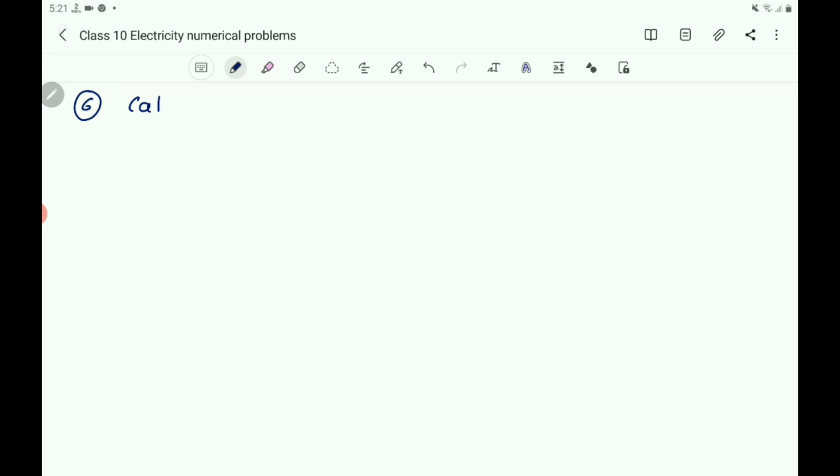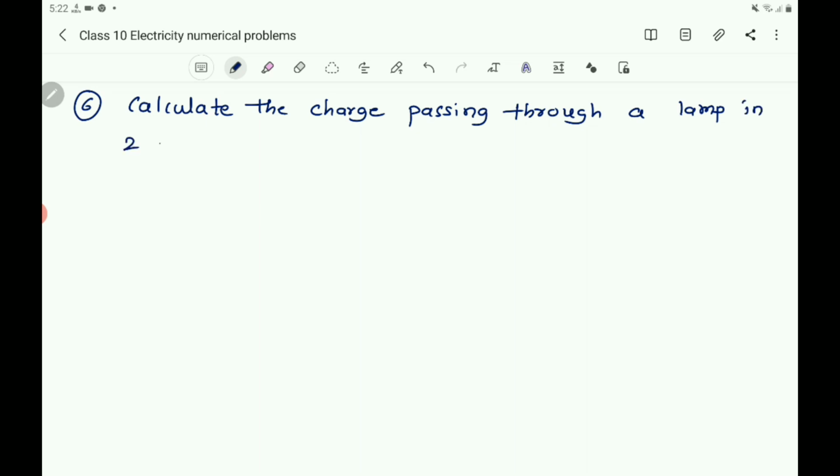Calculate the charge passing through a lamp in 2 minutes, if the current is 300 milliamps. Here we have to find out the charge.